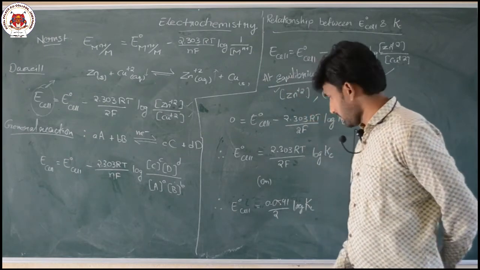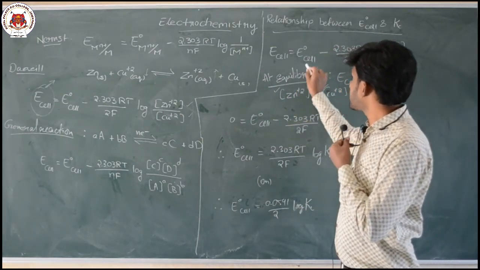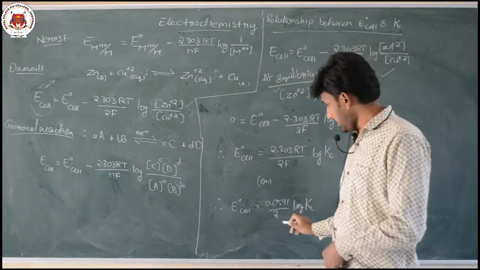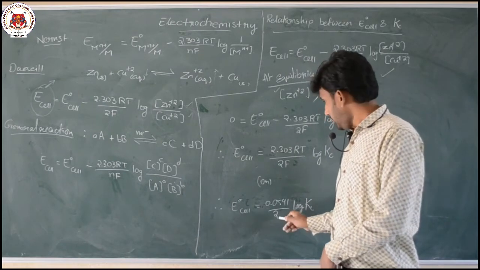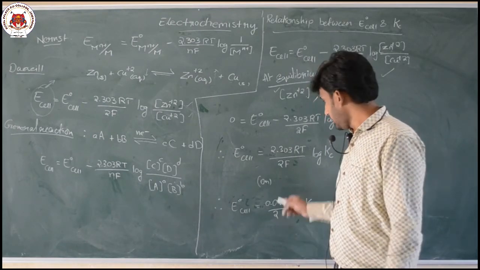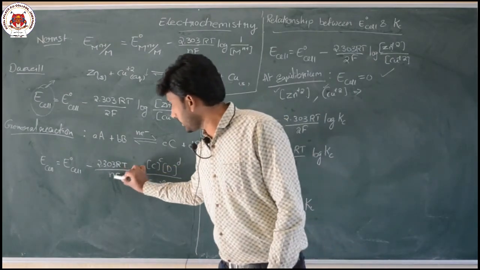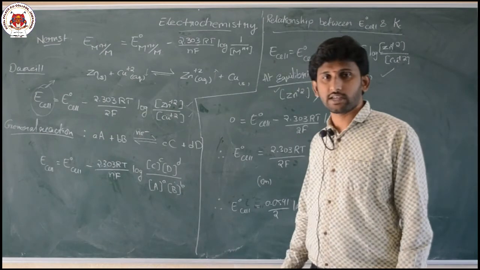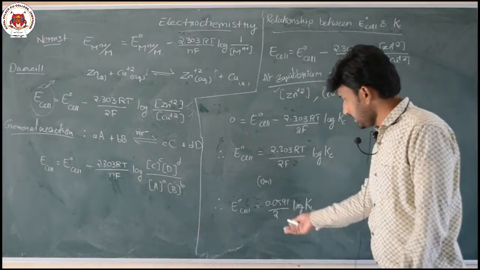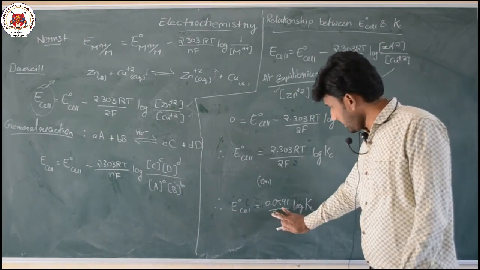Here, since you started with the Daniell cell equation, I have written 2. If it is not the Daniell cell, generally you should take n. For any general reaction, you take n moles of electrons involved. So instead of writing 2, you can write n.